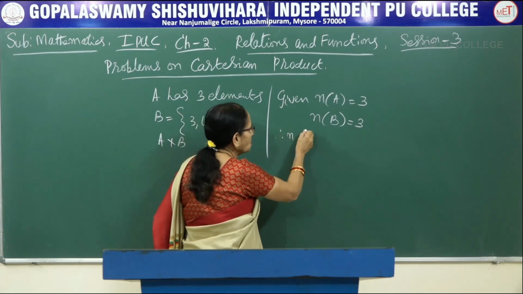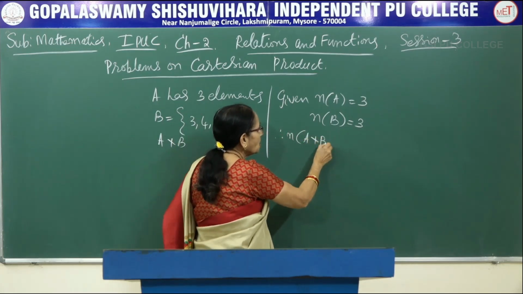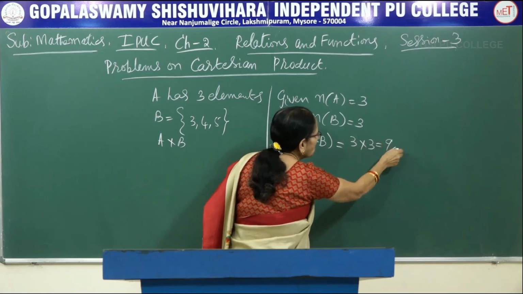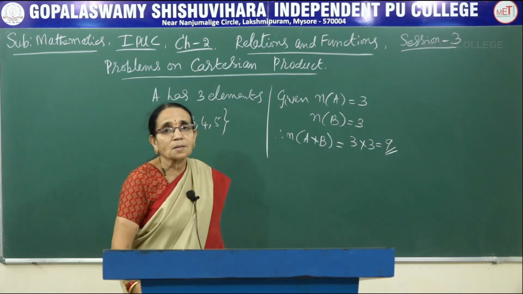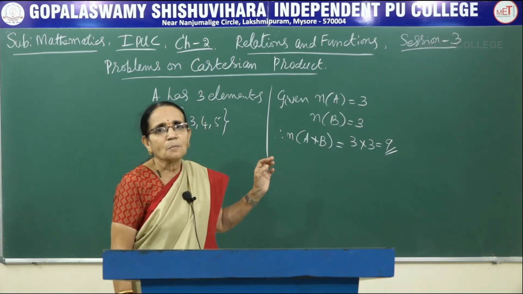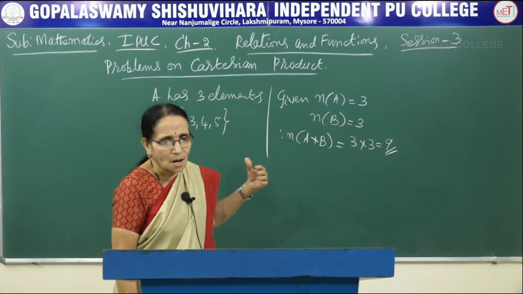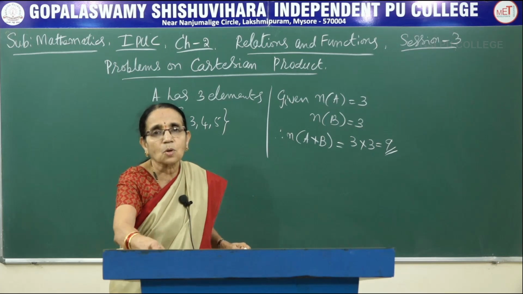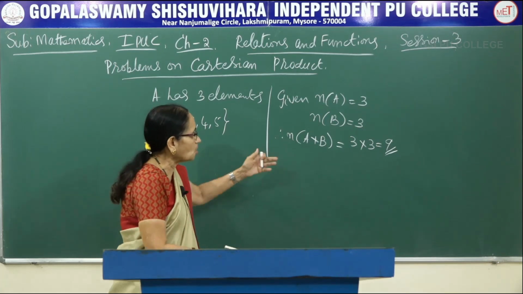Therefore, write n of A cross B is equal to 3 into 3, that is 9. So how do you write the answer here? There are 9 elements in the product A cross B, or you can say the number of elements in A cross B is equal to 9. So that is how you have to write.